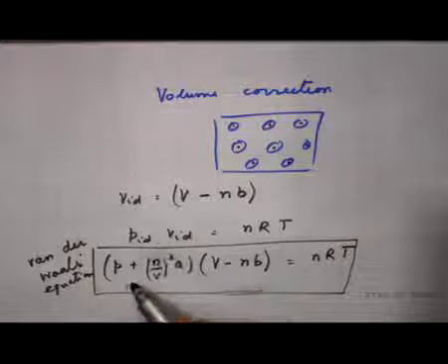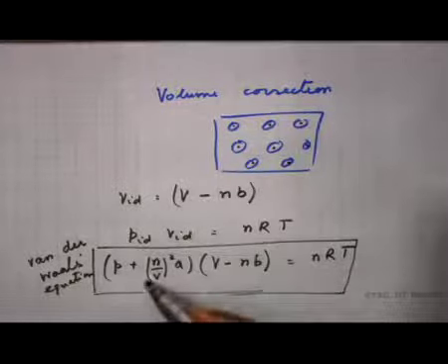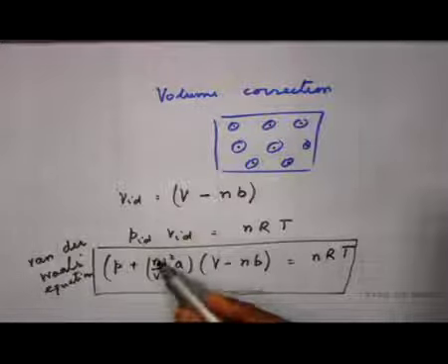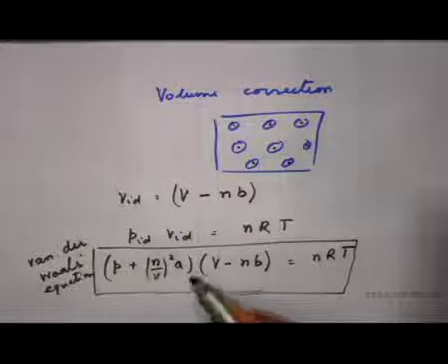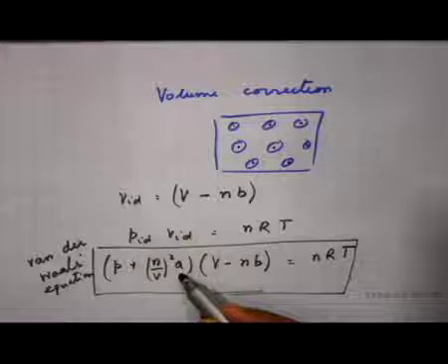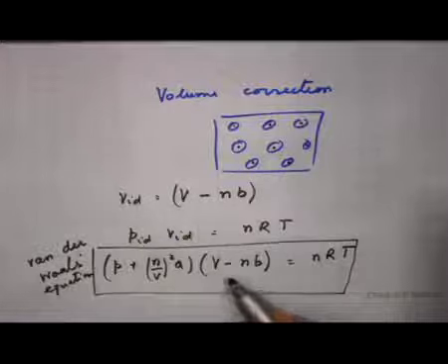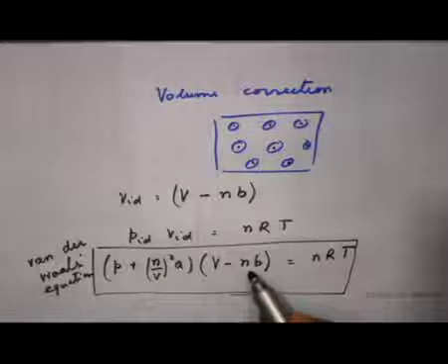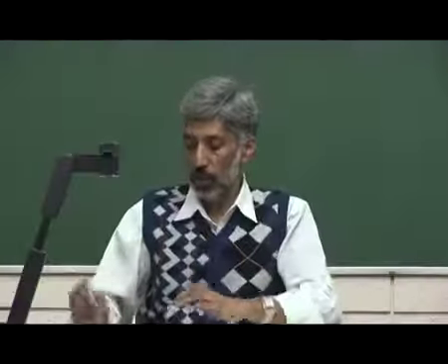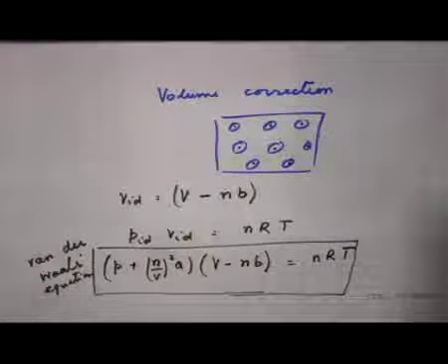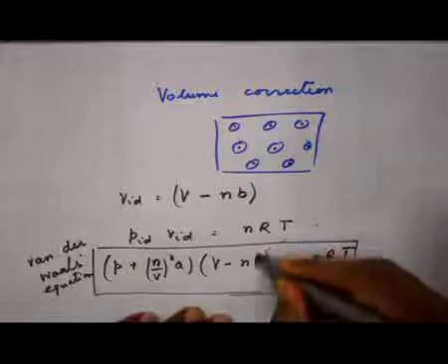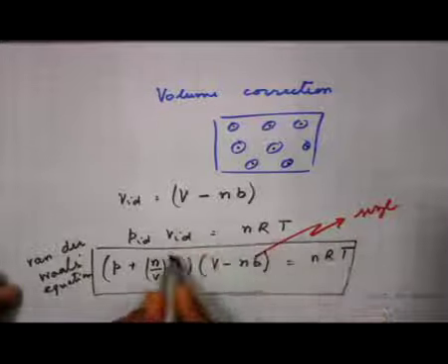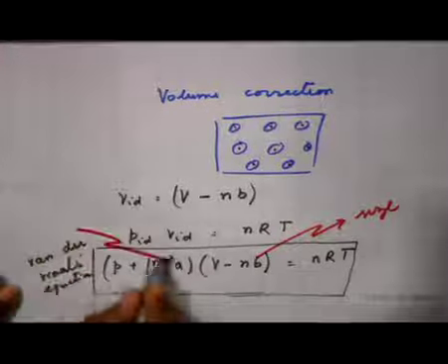If you want to get the ideal pressure, you have to take the true pressure and add a factor which is proportional to the number density times some parameter which measures the intermolecular force, and then we correct for the volume by saying that the ideal volume would be the true volume less something which characterizes the size of the molecule. So, B characterizes the size of the molecule and A characterizes the intermolecular force.